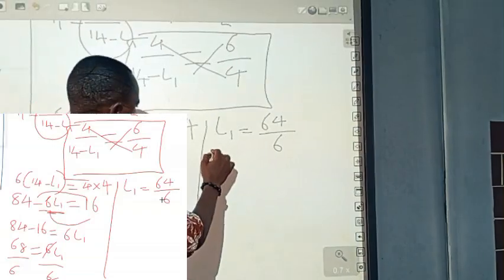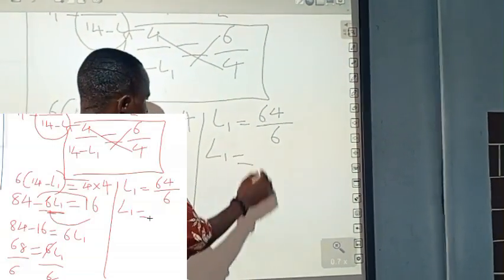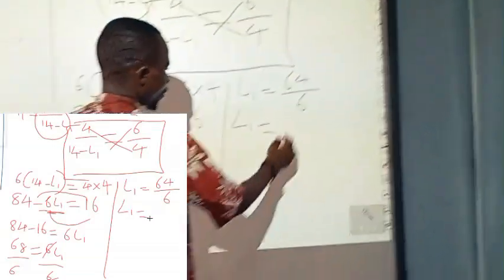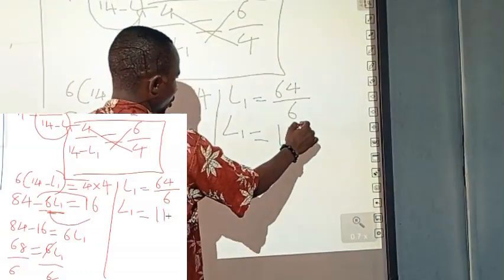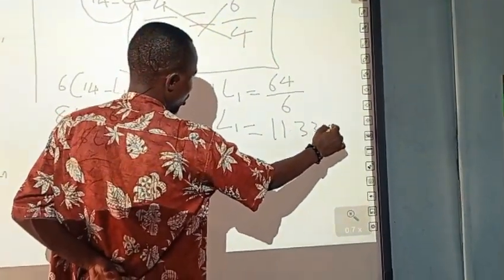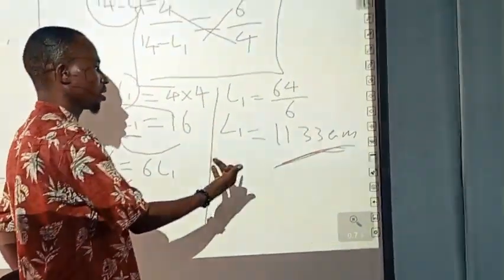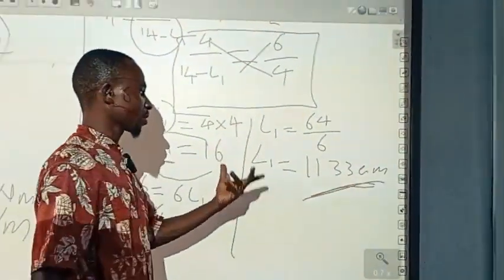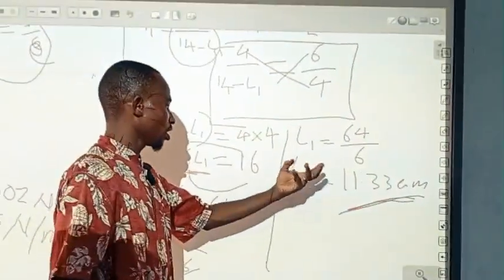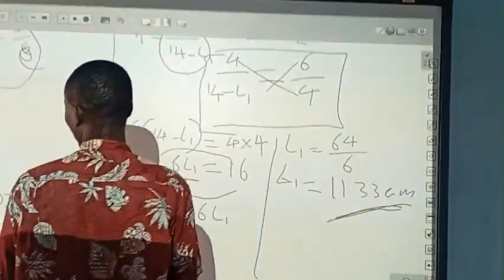All right, so if you divide it, you are going to have L1 equal to 11.33 centimeter. This is my final answer for the unstretched length from our question.